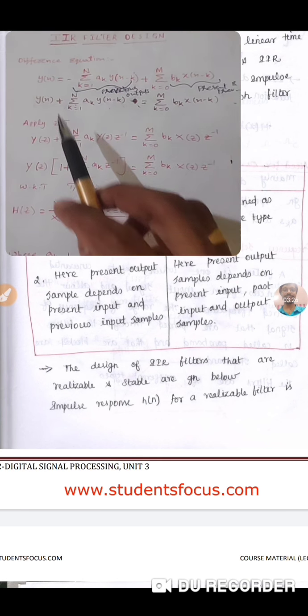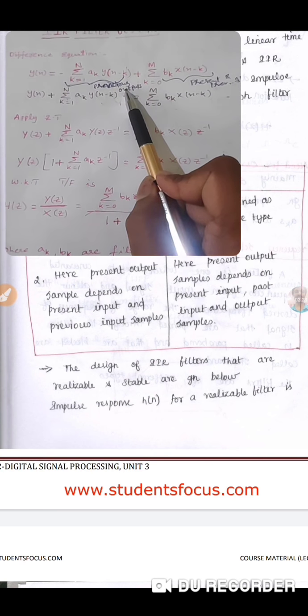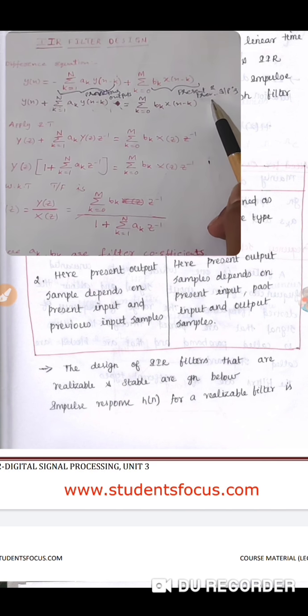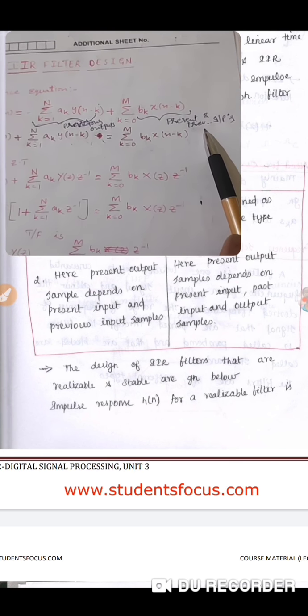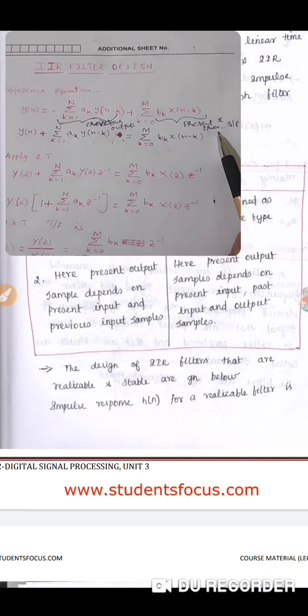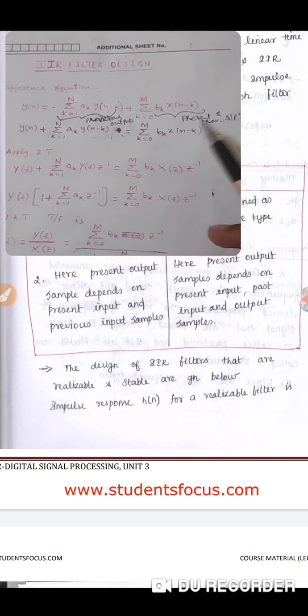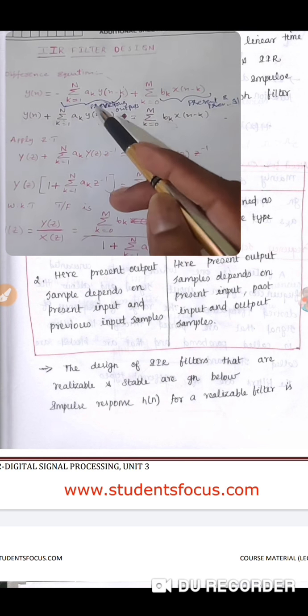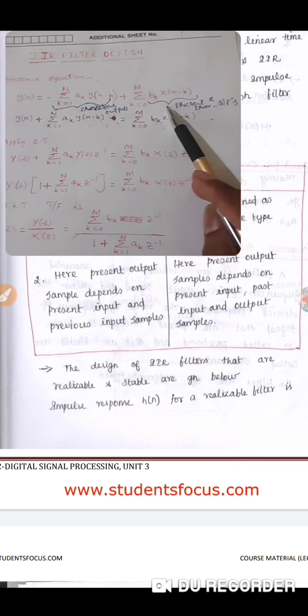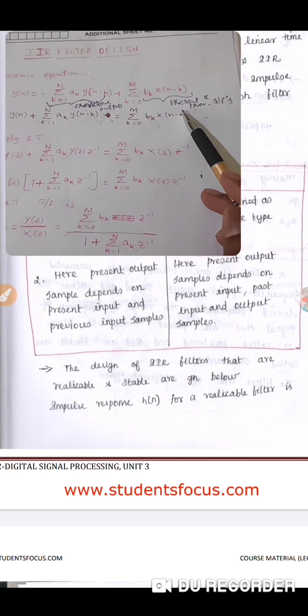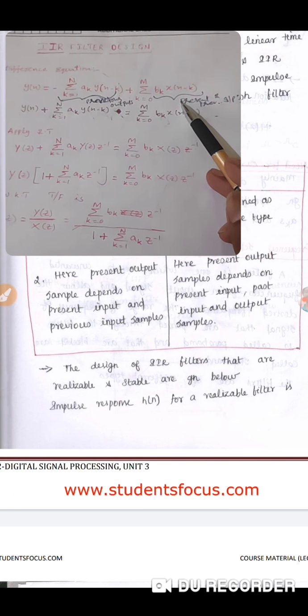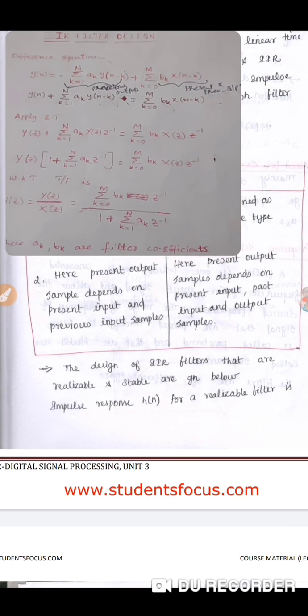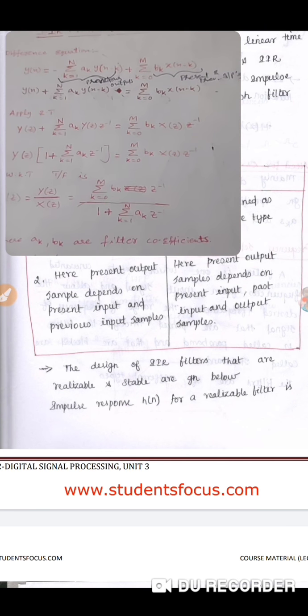If the system depends on previous outputs, and present and previous inputs, then that system is called an IIR filter. If the system doesn't depend on previous outputs, and only depends on the present and previous inputs, then that system is said to be an FIR filter.